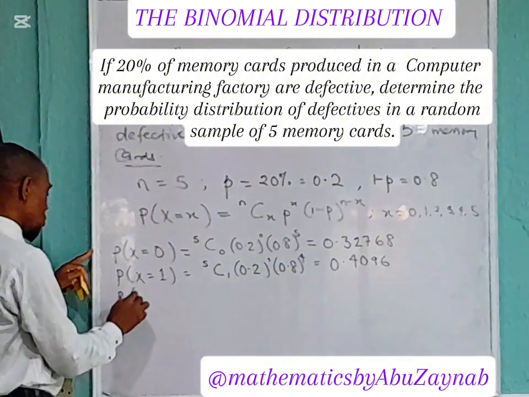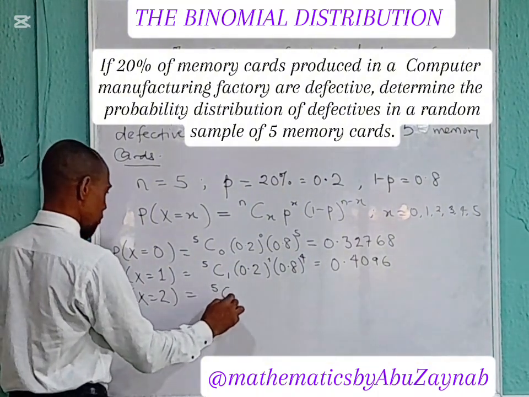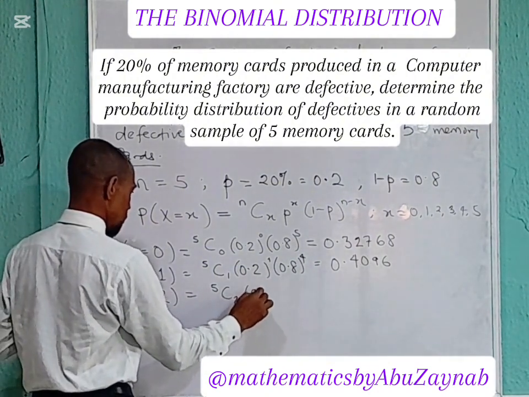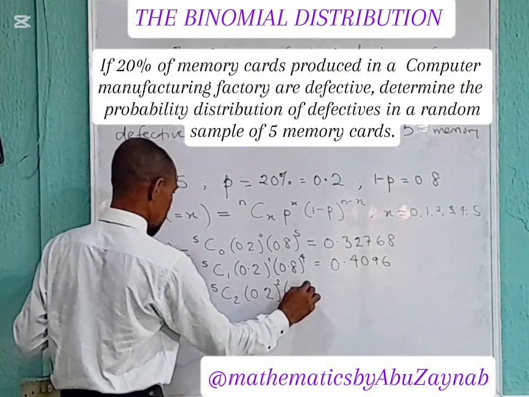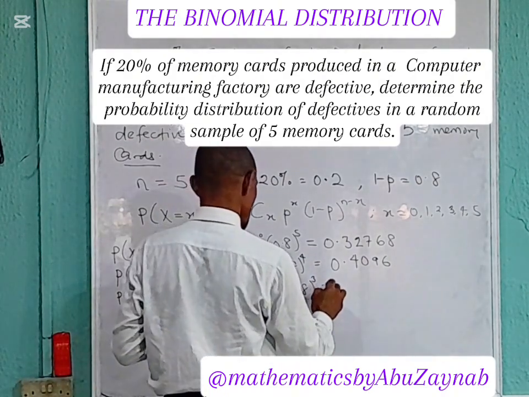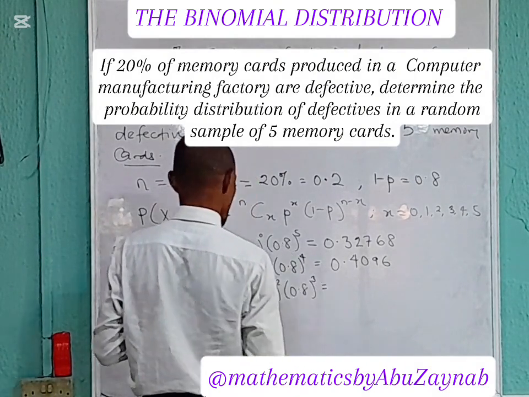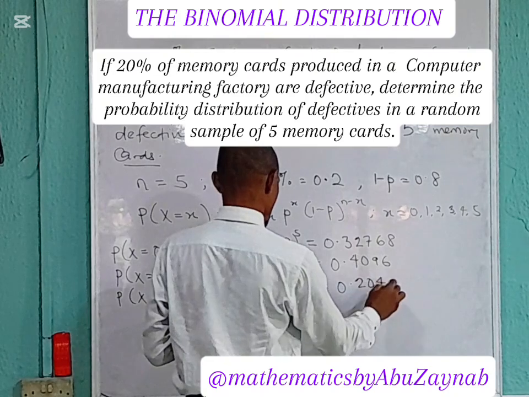Now for x equals 2, we're going to have likewise 5 combination 2, 0.2 raised power 2, then 0.8 raised power 3. That is going to be 0.2048.